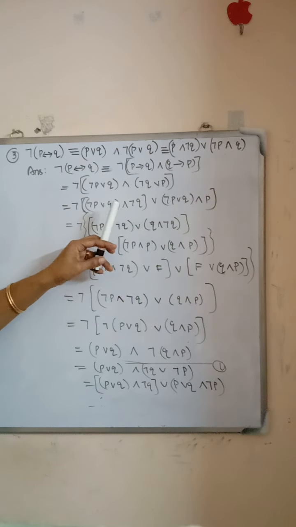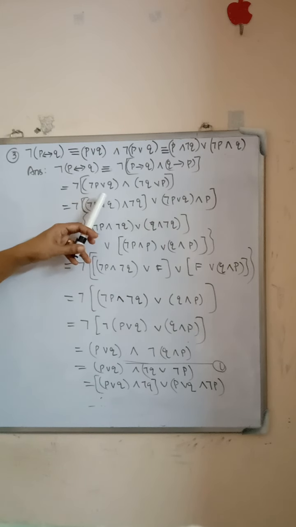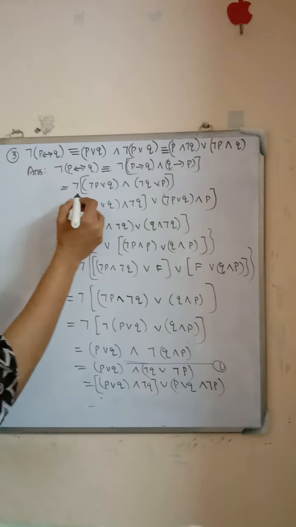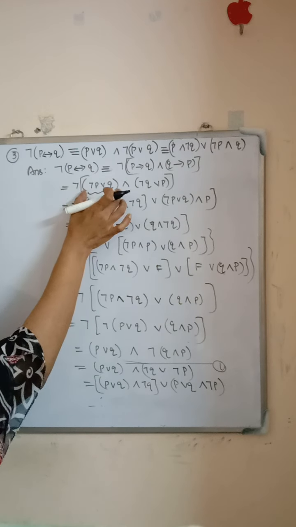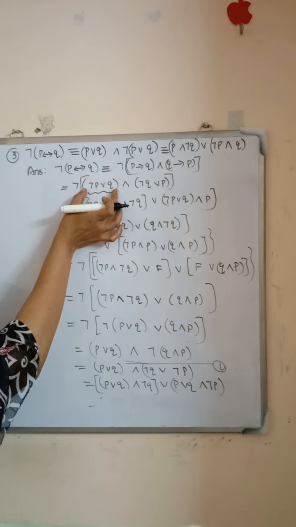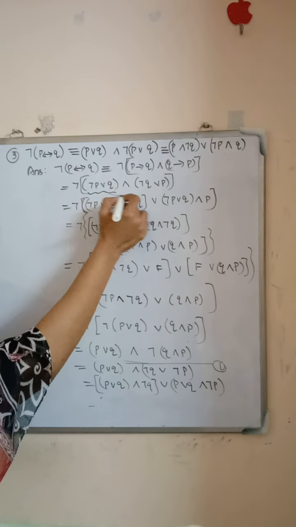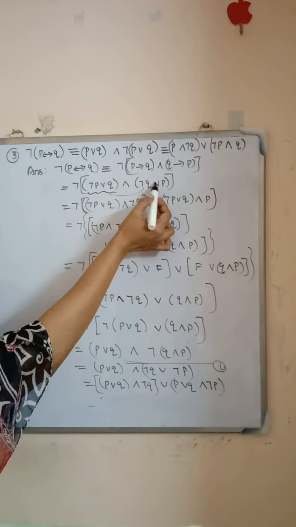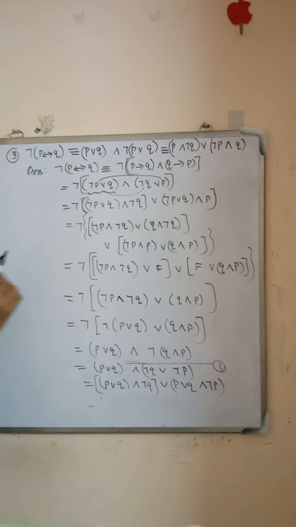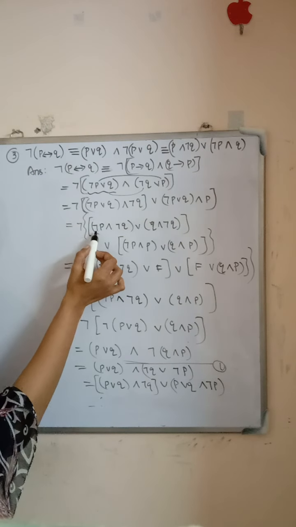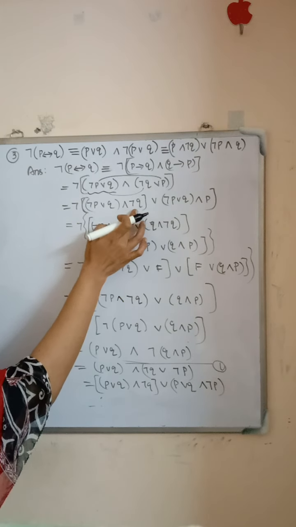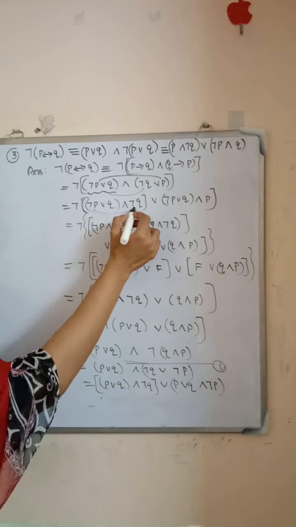Then by the distributive law, negation P or Q and negation Q, here we apply the distributive law. First, this considered as the first statement. So negation P or Q and negation P, or negation P or Q and P. That is equal to negation of negation P and negation Q. Negation P and negation Q. Here also we use the distributive property.